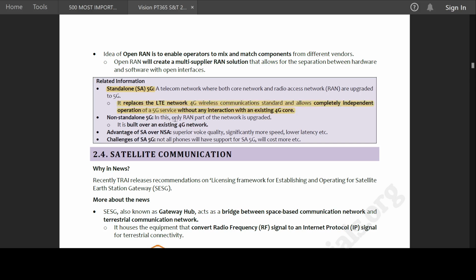Non-standalone 5G, in this only RAN part of the network is upgraded. It is built over an existing 4G network. Advantages of standalone over non-standalone are superior voice quality, significantly more speed, lower latency, etc. Challenges of the standalone 5G are not all phones will have support of the standalone 5G, will cost more, etc.